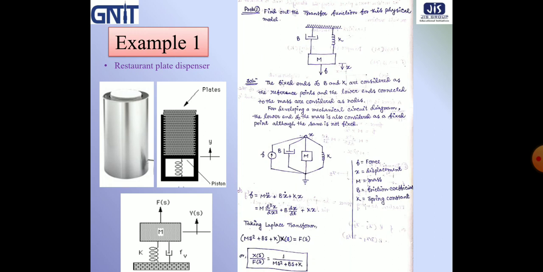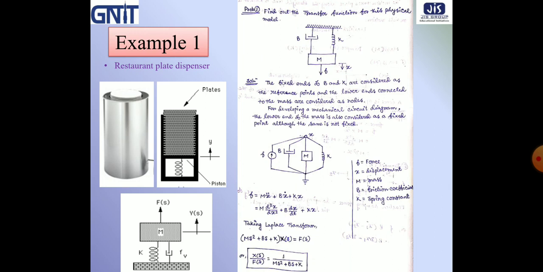So our force equation will be F is equal to m x double dot plus b x dot plus kx, or we can write this as m d2x/dt2 plus b dx/dt plus kx.